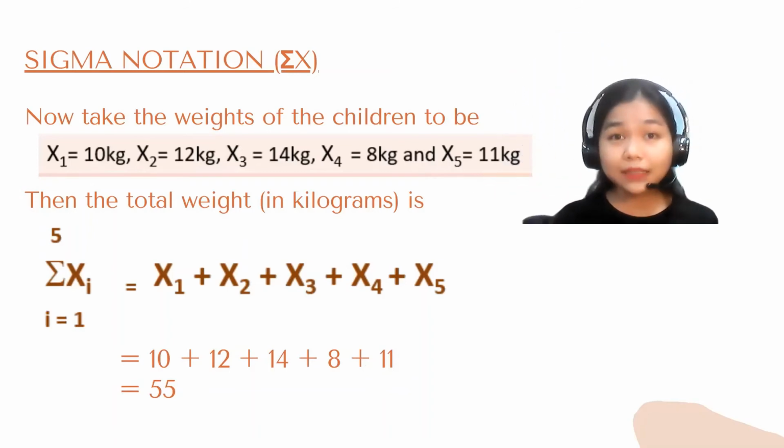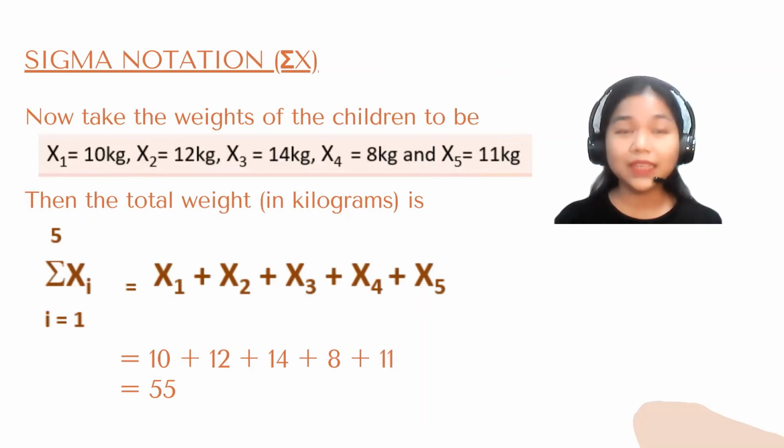Assume that the weight of x1, or the first child, is 10 kilograms, the second child, x2, is 12 kilograms, the third child, x3, is 14 kilograms, the fourth child, x4, weighs 8 kilograms, and the fifth child, x5, weighs 11 kilograms.